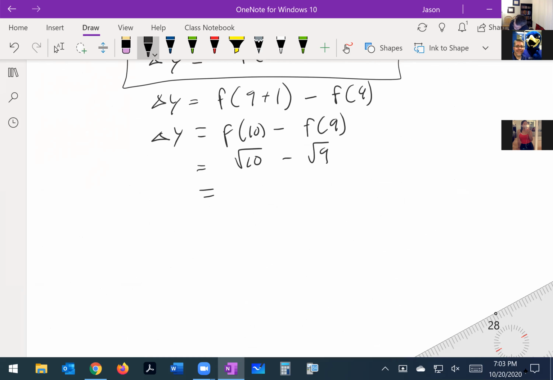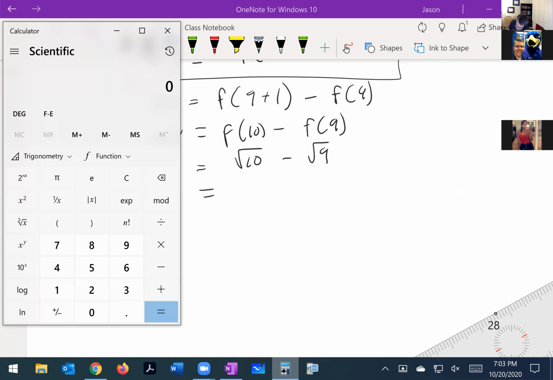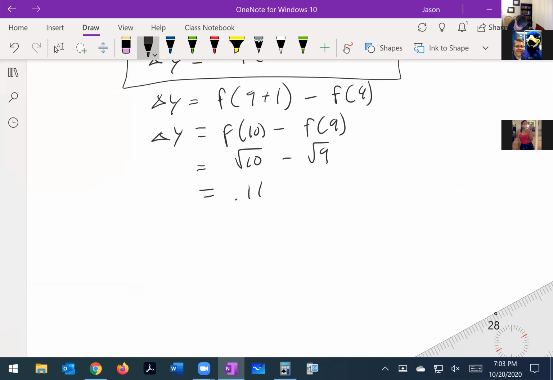If I were to plug that into a calculator, square root of 10 minus square root of 9, well, square root of 9 is 3. I get 0.162277. And what was dy? dy was equal to 0.1666 forever.